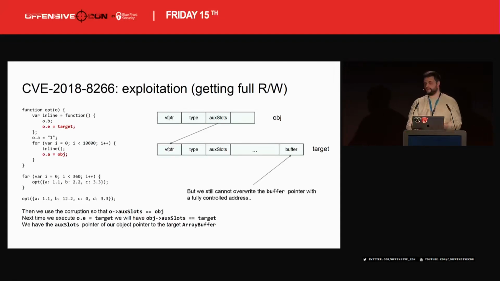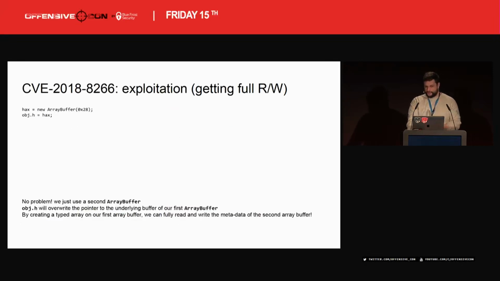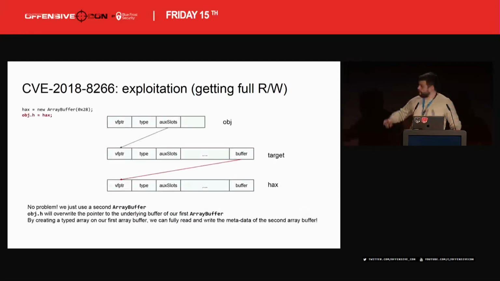But we still have the same issue, which is we really want to corrupt that buffer property, but we can't actually set it to anything arbitrary at the moment because we can only overwrite it with something from JavaScript. So we cannot set it to a fully controlled address. So what we do now is we just use another array buffer object. I declare another array buffer object called hacks, and by doing obj.h, I'm actually overwriting the buffer property of target to point inside hacks directly.